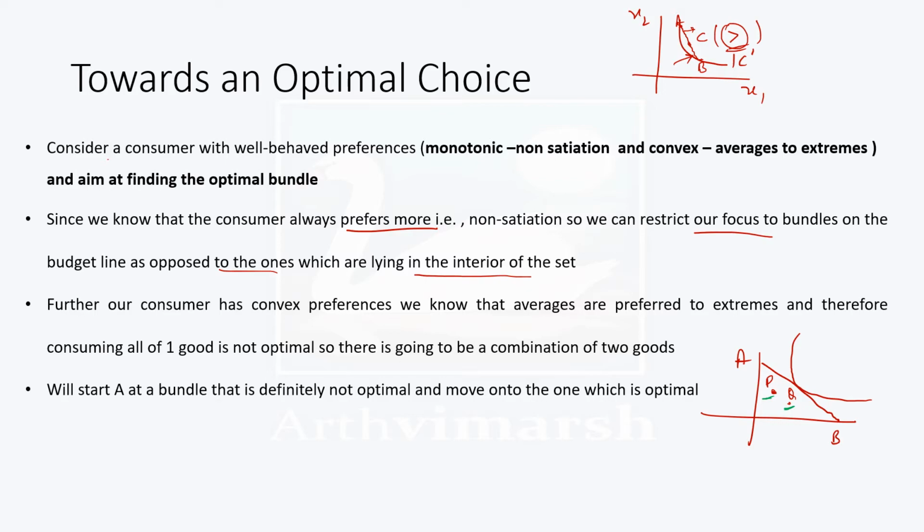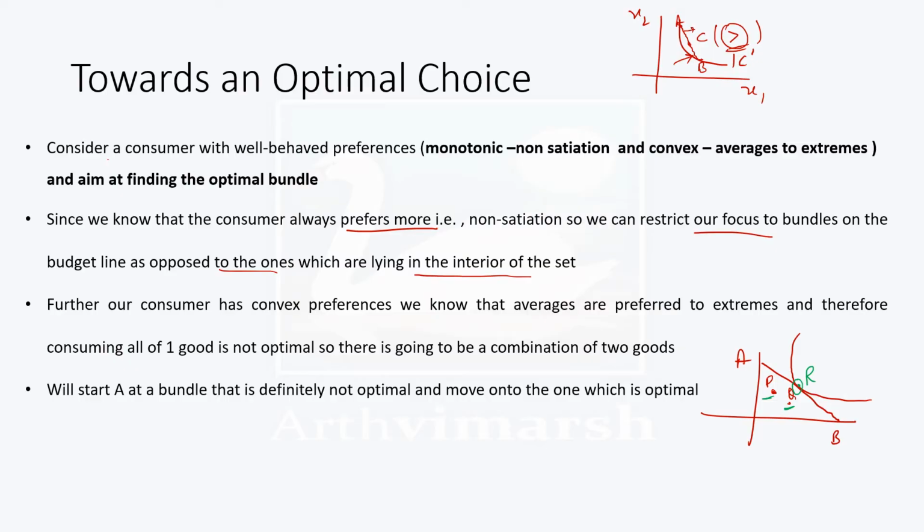We assume that the preferences are going to be well behaved, that the consumer is always going to prefer more, right? More is always better. So if he has a choice among P, Q and R, he is always going to be choosing R, right? And convexity implies that the average is going to be preferred over the extremes, all right?